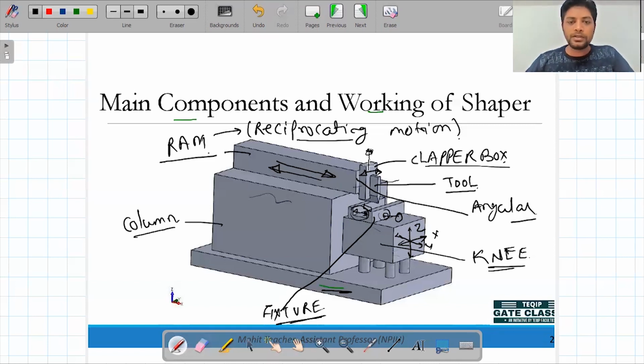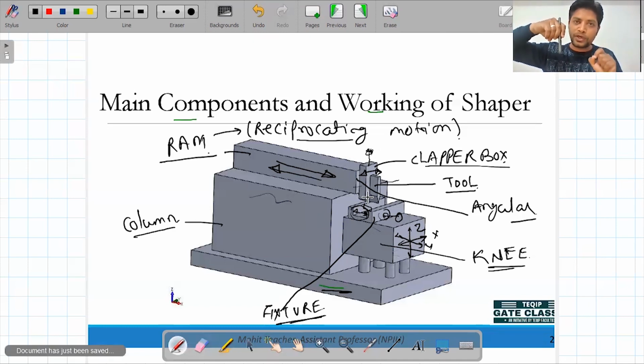Now these are the parts, and we go to the working part, where we use the single point cutting tool. As I said, this is the ram, this is the clapper box, and this is the single point cutting tool.